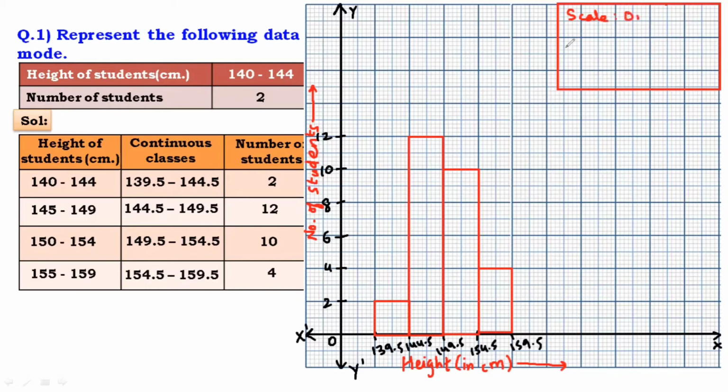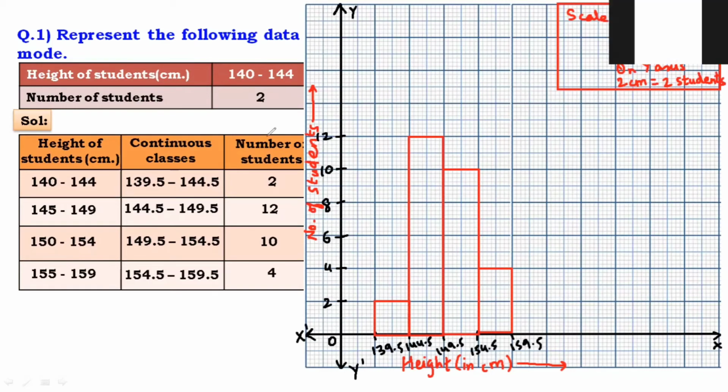So on the x-axis, 2 centimeter is equal to 5 centimeter height. And on the y-axis, 2 centimeter is 2 students. All right, guys. So that's about it.